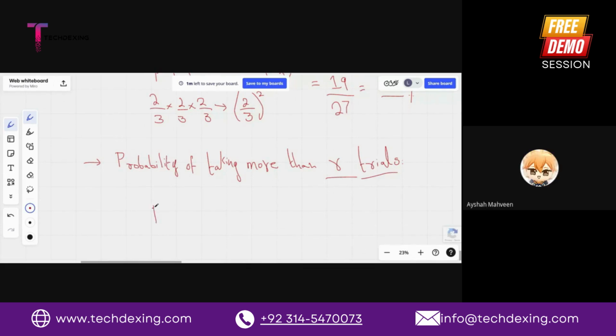So we know the probability, and what will be the value for x here? It will be greater than r, yes, very good, because we know in the first r number of attempts she got only failures. So x will be greater than r, and we write it as the probability.